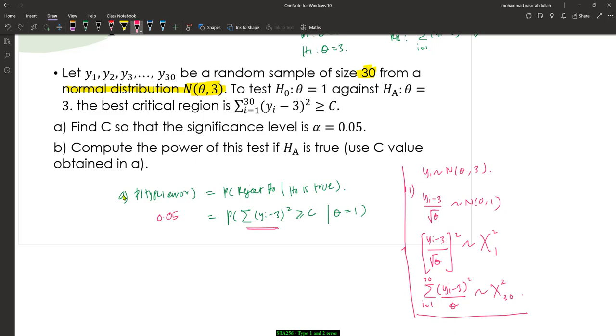So now let's draw the distribution here.